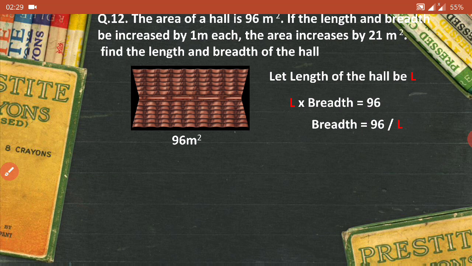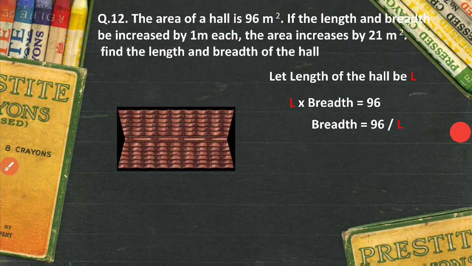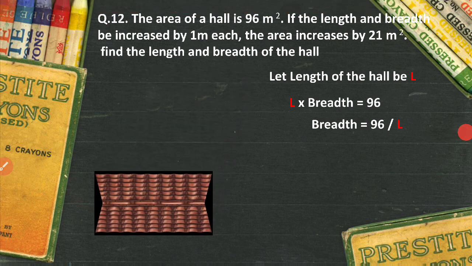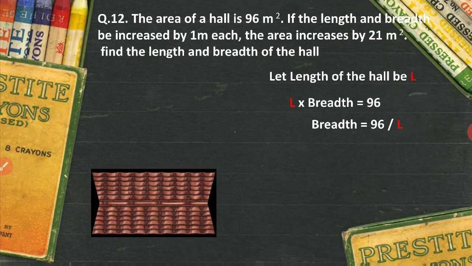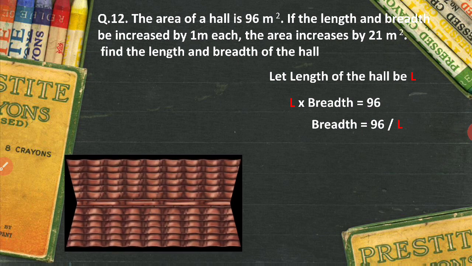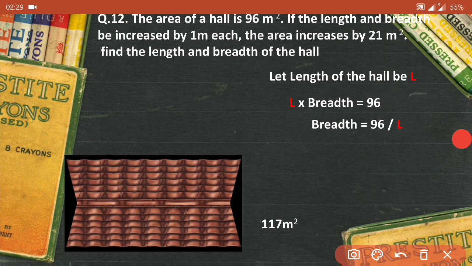Now we are increasing the dimensions by 1 meter. If I increase the initial length and breadth of the hall by 1 meter, then the area also increases by 21 meters square. Initially the area was 96 meters square.